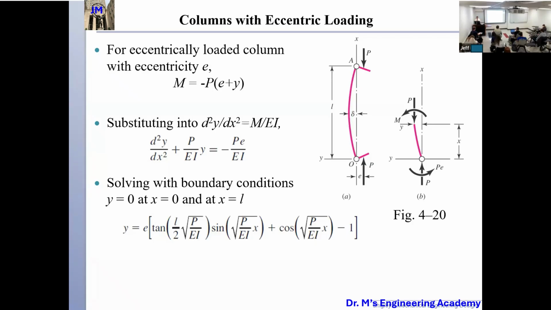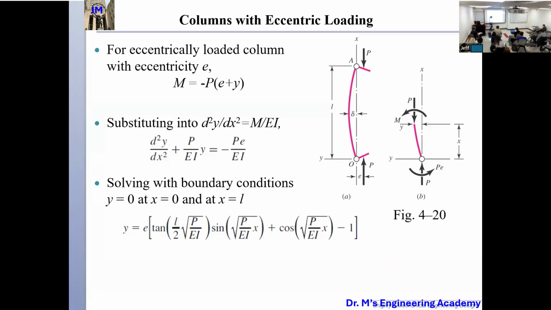Now we focus on another case, eccentric loading. Eccentric loading means that the load P is not at the center of the column. In this case, P will have two effects. One is a concentrated loading, but also we will have a bending effect. You guys agree? Okay.